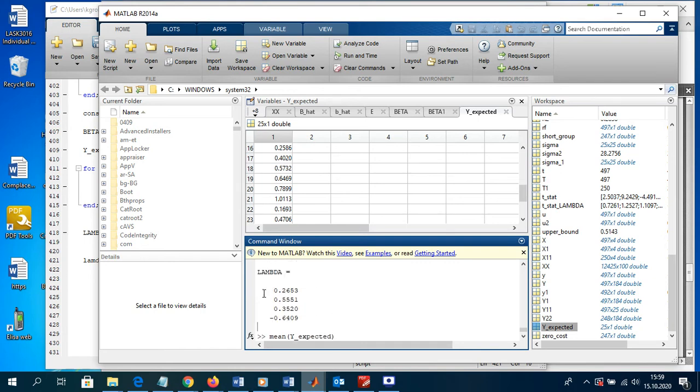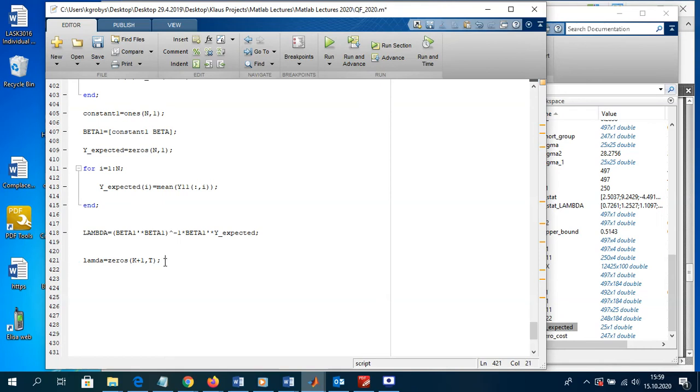This is what lambda 0 means. One more time: k is 3, so k plus 1 is 4. We have 4 risk premiums and t observations, and we want to store the risk premium vector lambda for each point in time.